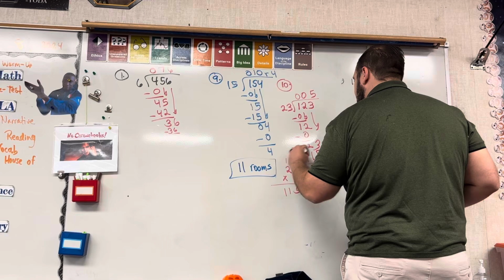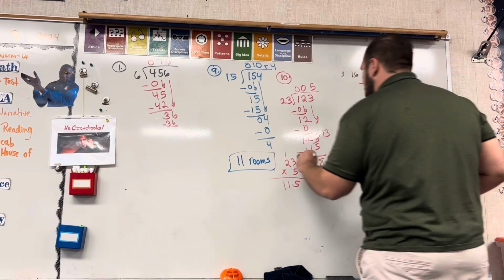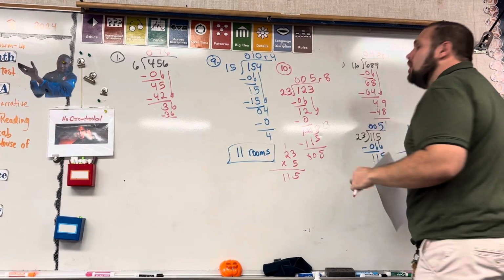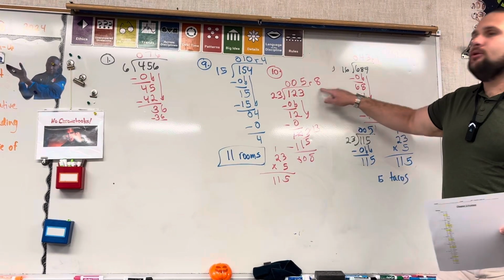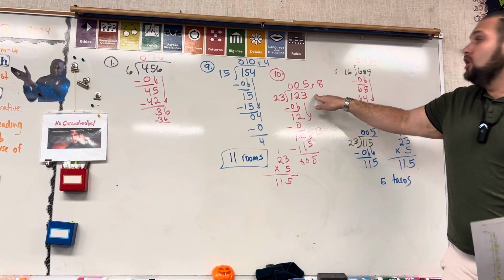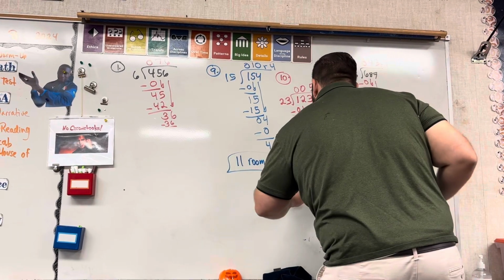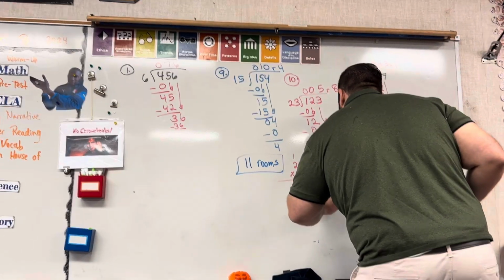And when you get 115, you got 5, remainder 8. So, how many people are going to be in the bus that's not full? 6. No. What's my remainder? 8. There will be 8 people in the bus that is not full.